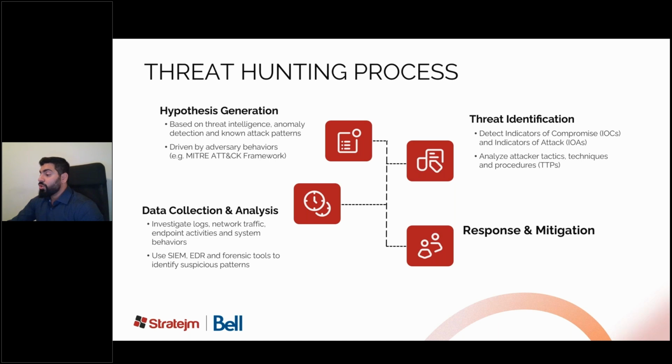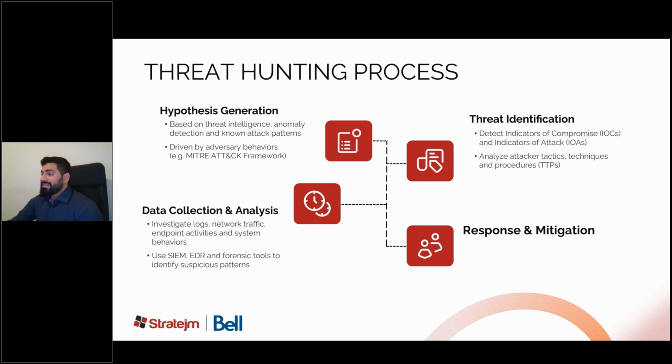We are trying to look for indicators that may alert us of suspicious behavior, such as elevation of privilege, such as lateral movement within the network, right? So those behaviors, along with IOCs, indicators of compromise, will allow us to identify a specific attack vector, identify the tactics, techniques, and procedures that are being used by these threat actors.